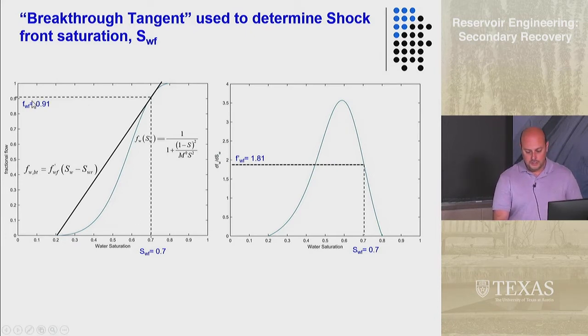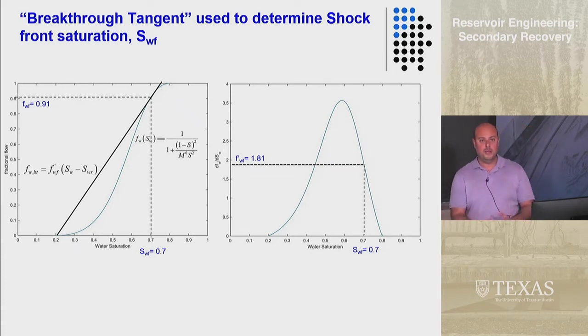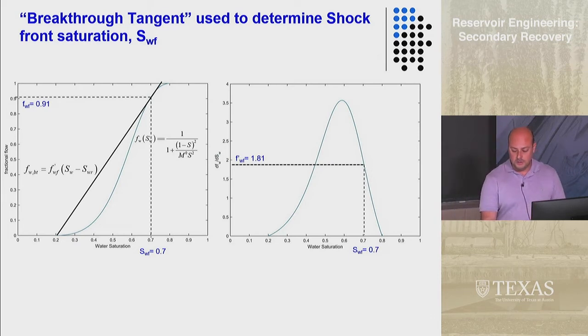And so this is the fractional flow there. And then if you wanted to find the derivative, then you also choose 0.7. You come across and you get the derivative of fractional flow of water, which is 1.81. And we know that if we wanted to make an oil recovery plot, then we'll need to know these variables.